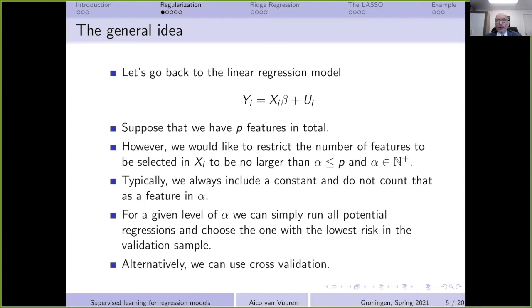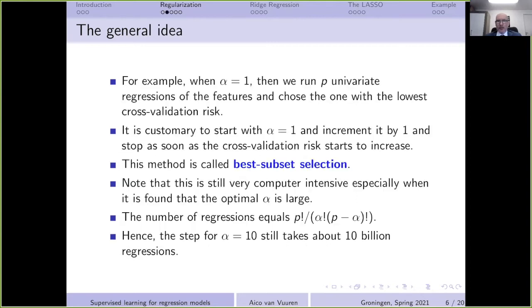Later on, we will see that we have even better predictors if we allow a little bit more flexibility than just including a particular feature or not. But if you can only include a particular feature or not, as we usually do in regression models, then best subset selection will always give you the best potential predictor.